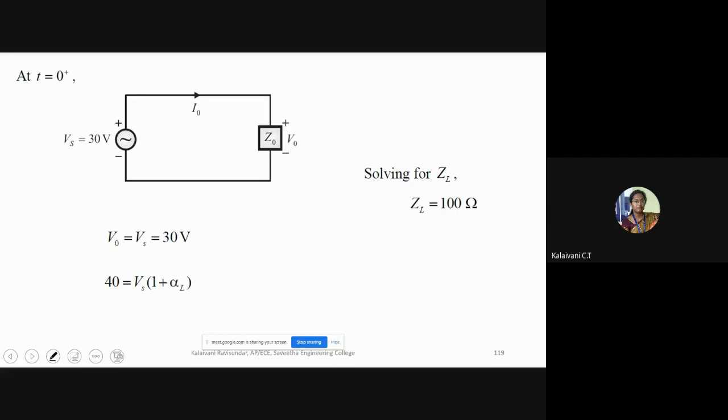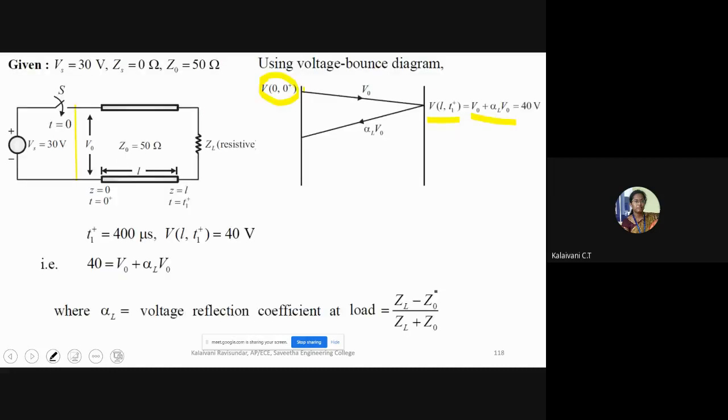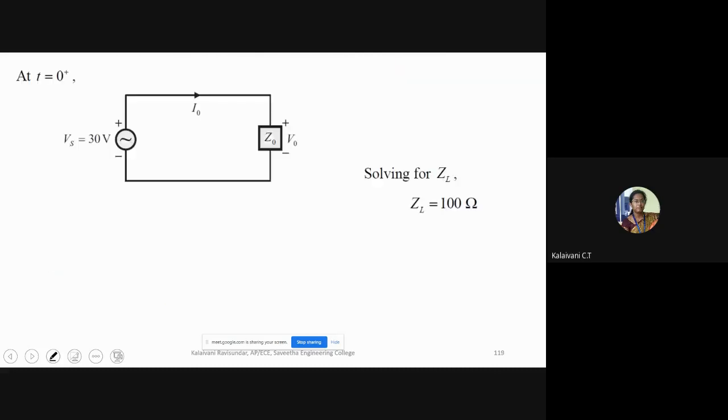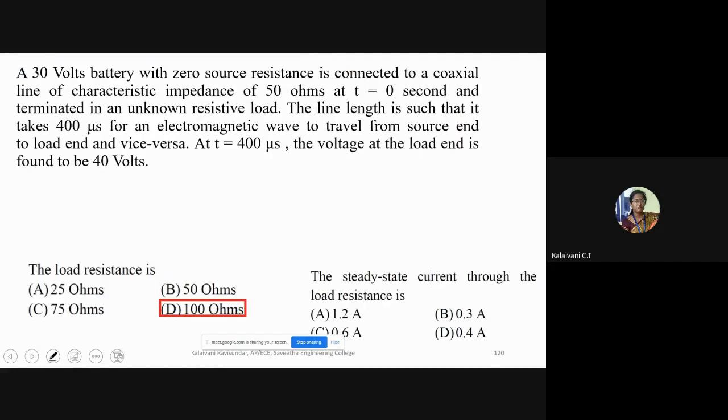From the equation, 40 is equal to Vs into 1 plus gamma L. Vs is 30. So gamma L, again I'm substituting, is ZL minus Z0 divided by ZL plus Z0. Substitute that, simplify this and find the value of ZL.